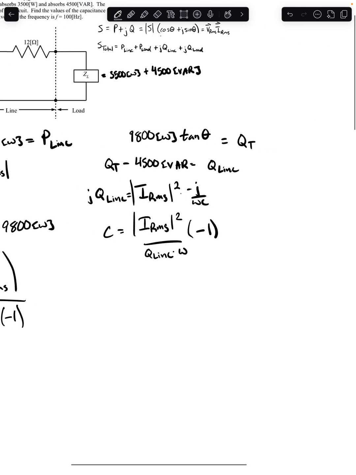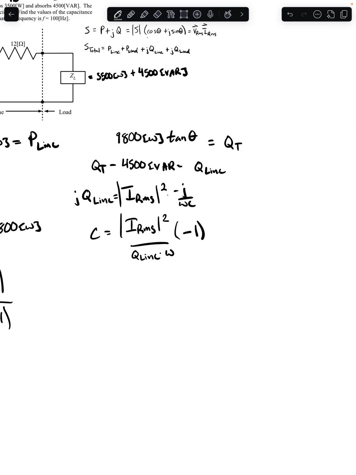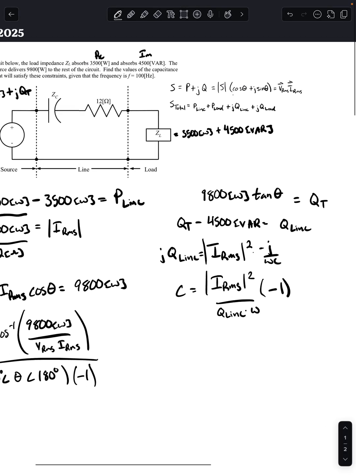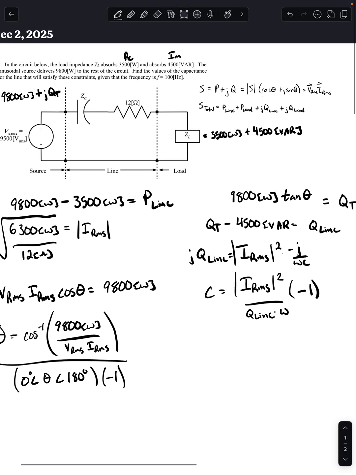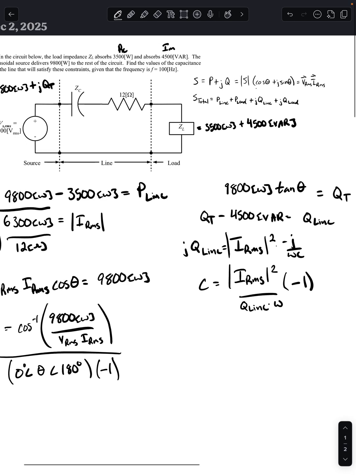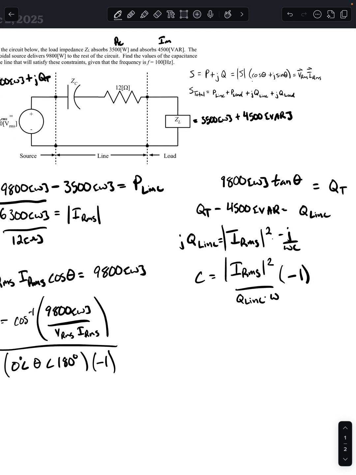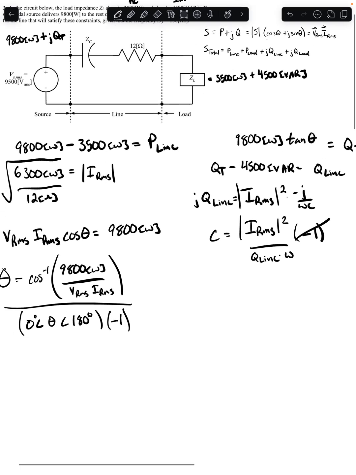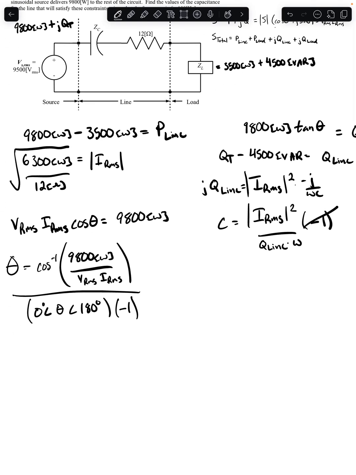And so we'll take the negative number that we receive, or the negative theta that we would need, and plug that into tangent. We would actually receive a negative number, and that would actually give us the proper Q line to use, so that -1 cancels out, and we get our C.